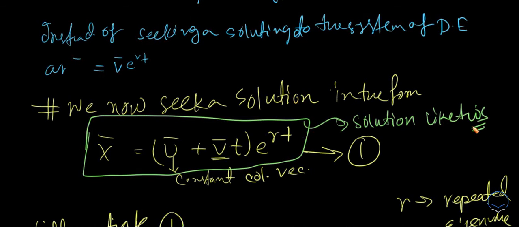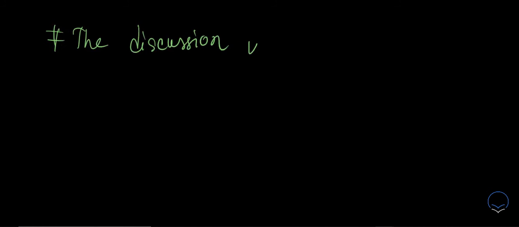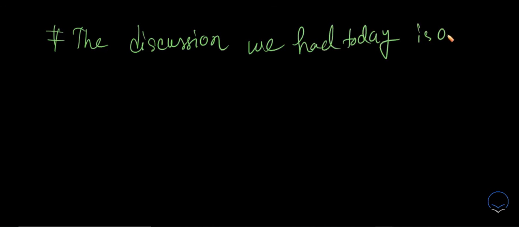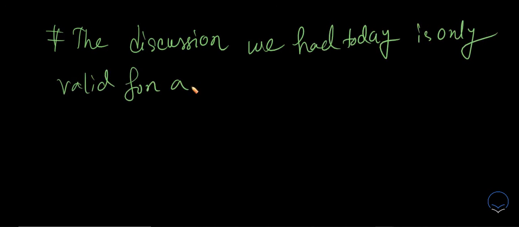And this is only valid, so let me just remind you of the important fact that the discussion we had today is only valid for a 2x2 system. When you go to a 3x3 system, you need to modify this idea a bit more, and obviously there is a most general rule, but that is out of our context for this course.